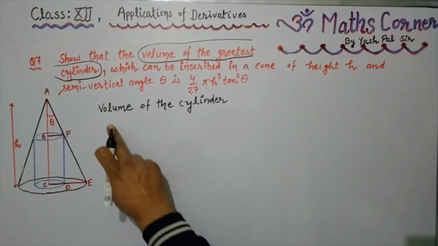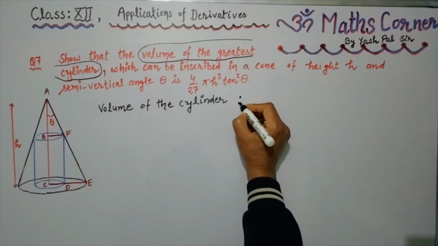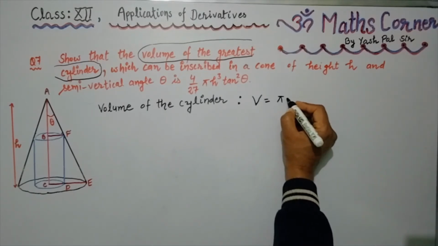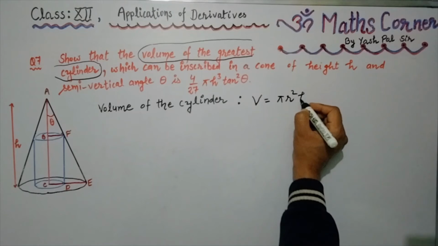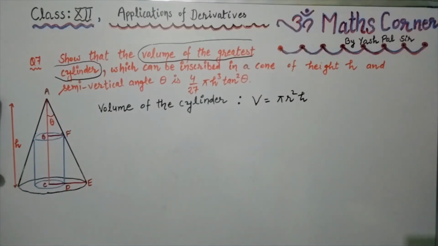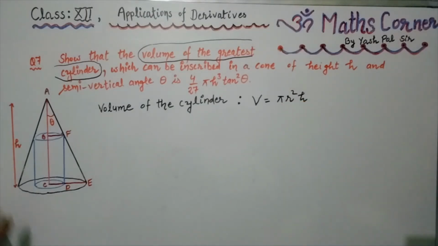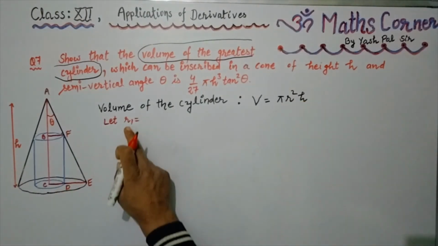So what is the formula? Volume of the cylinder, V is equal to, we know the formula is pi r square h, but the problem is h is the height of the cone, so we cannot take h. So we are changing the variables.